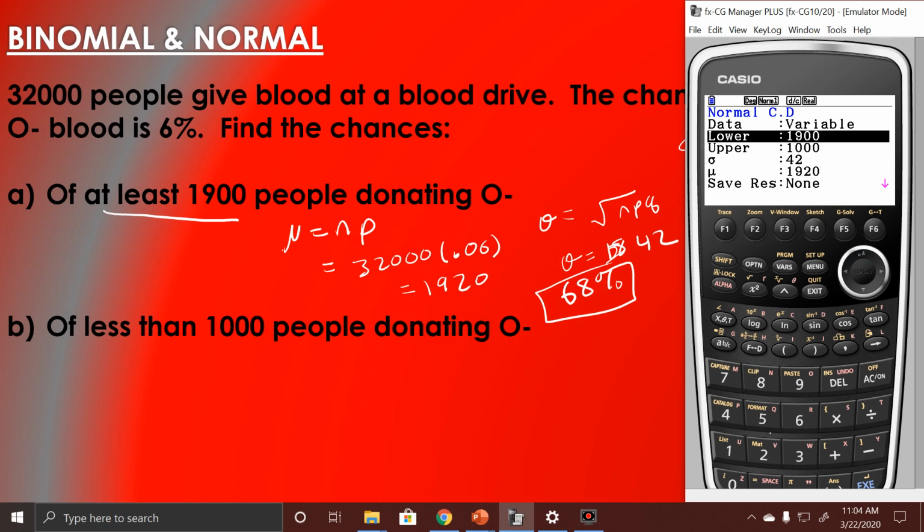And my lower is going to be negative 10 to the 10th. I want to get every possibility in there. We'll execute that, and the chance of that happening apparently is 0. Let's just double check that I put that in right. Maybe that makes sense.